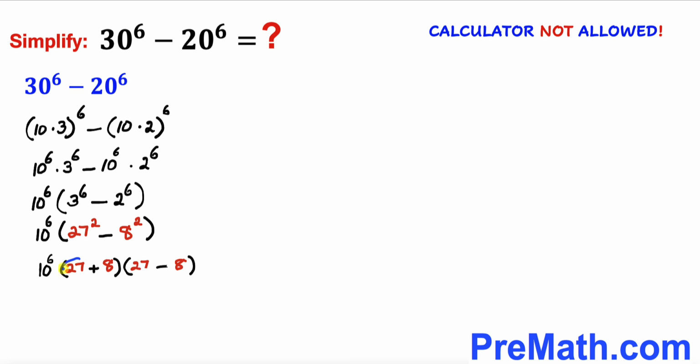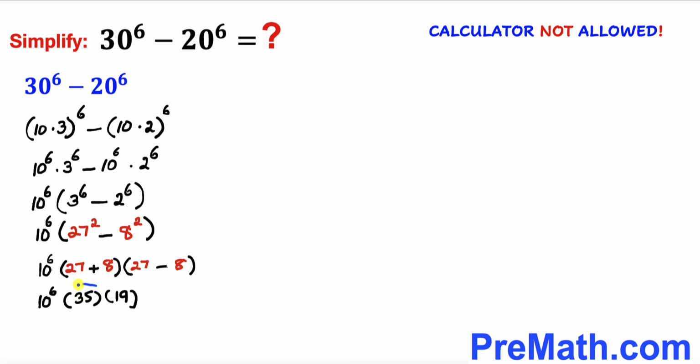Now 27 plus 8 is going to be 35. Likewise, 27 minus 8 is going to be 19. So we end up with 10 power 6 times 35 times 19.